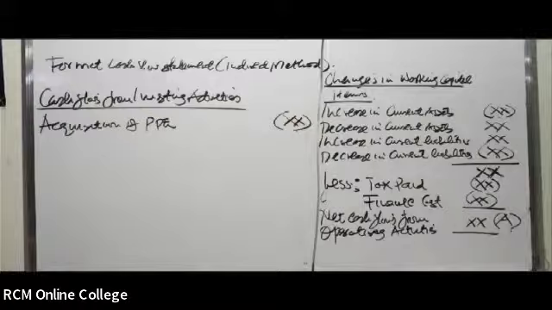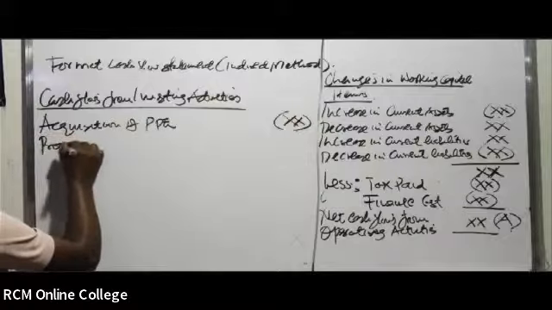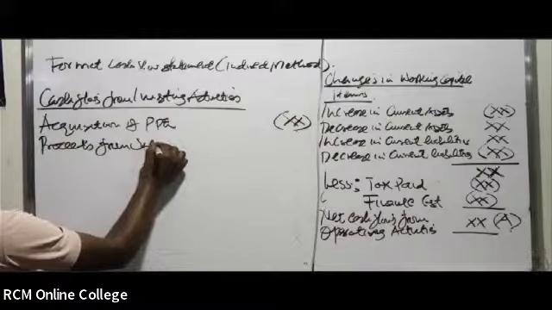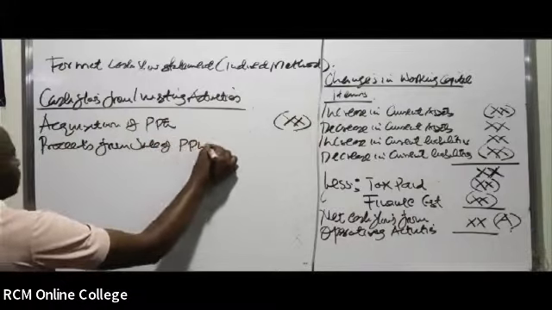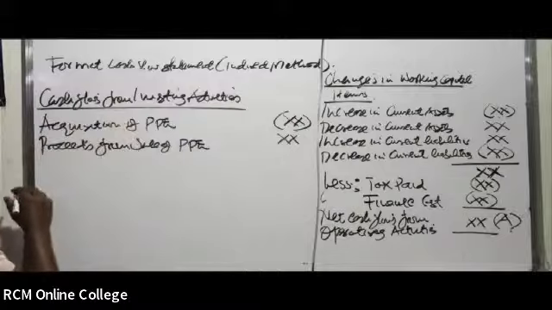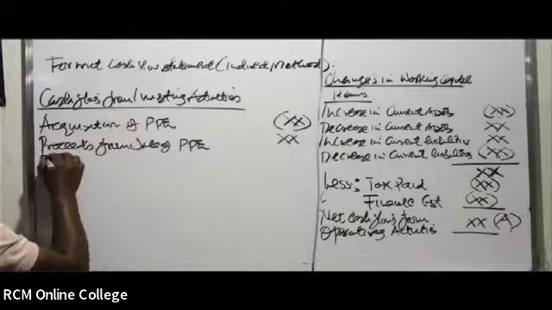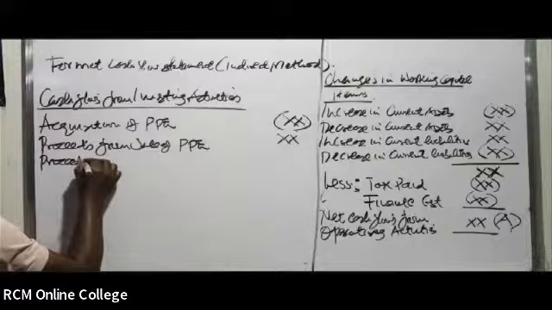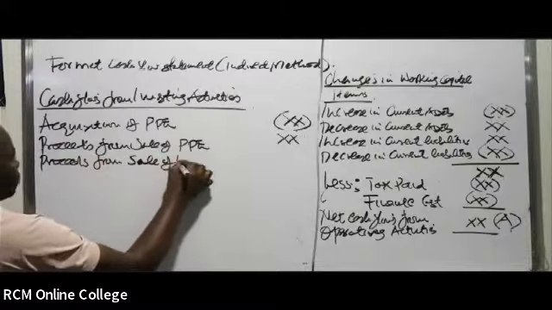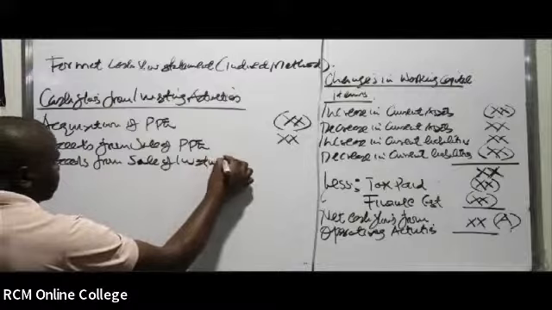Then proceeds from sale of PPE. This is an inflow. Money is coming in. Maybe there can be proceeds from sale of investments. If you had shares, then you sold.